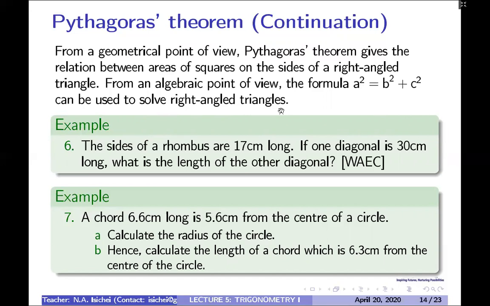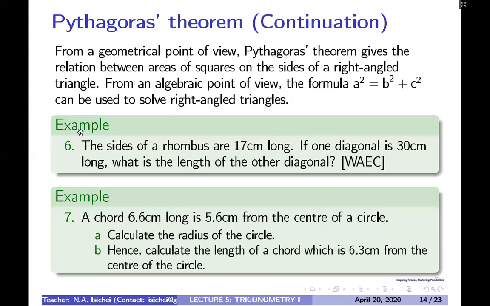This is an equation we find handy throughout this lesson, and it is derived from the Pythagoras theorem. Try as much as possible not to forget this.